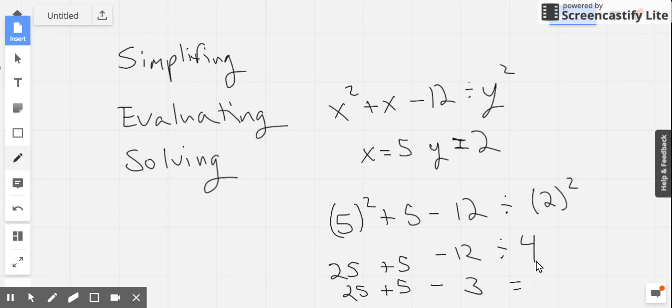Minus 3 is 27. So we have evaluated this expression for x equals 5, y equals 2. And that language is important. When we say we're evaluating an expression, we're always evaluating an expression for, and in this case, it's x equals 5, y equals 2.